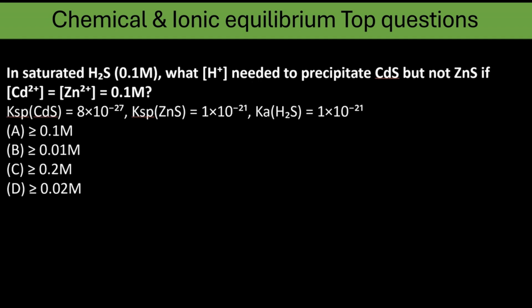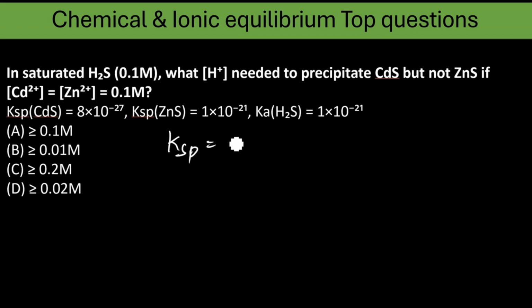Then next one, in saturated H2S, what H+ concentration is needed to precipitate cadmium sulfide but not zinc sulfide if cadmium 2+ concentration is equal to zinc 2+ concentration, that is 0.1 molar. Okay. So let's calculate for cadmium sulfide first. Let's calculate the S2- value.